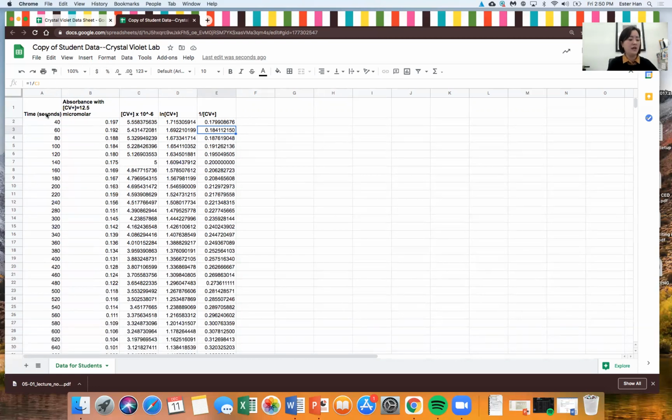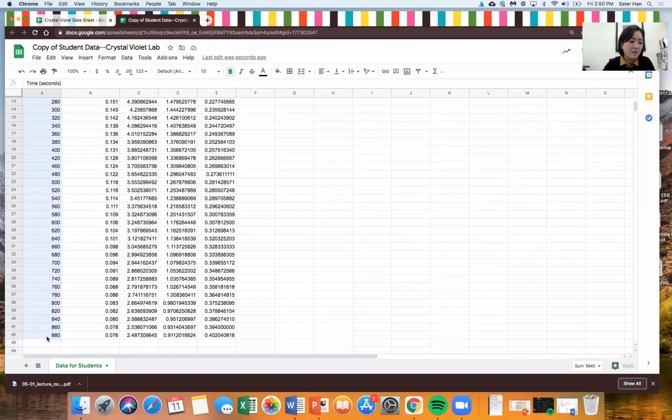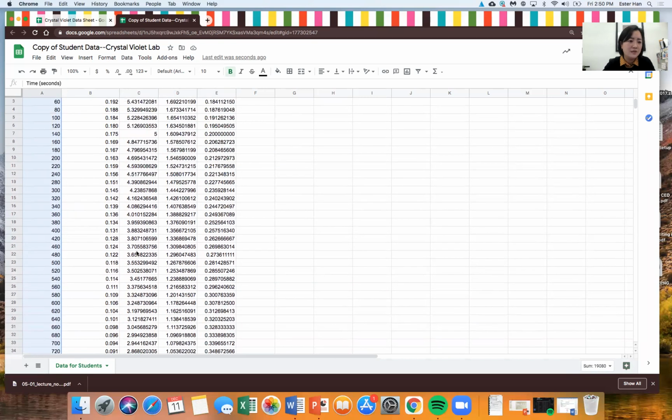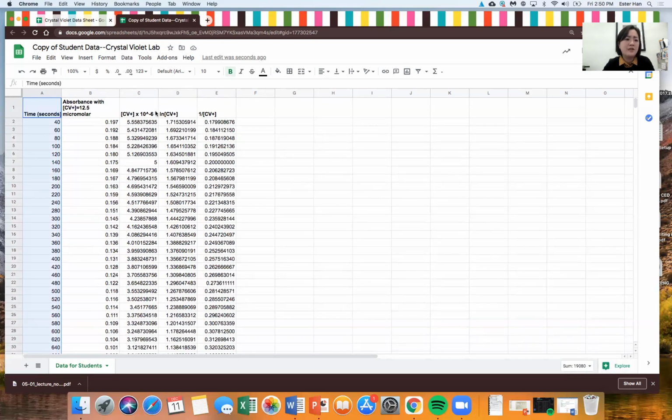So you're looking at the integrated rate law stuff that you've done with me, and you want to go ahead and highlight time, because that's going to be your x-axis. And the first graph you're going to create is for the crystal violet concentration alone. So hit command and then select all this data here too.